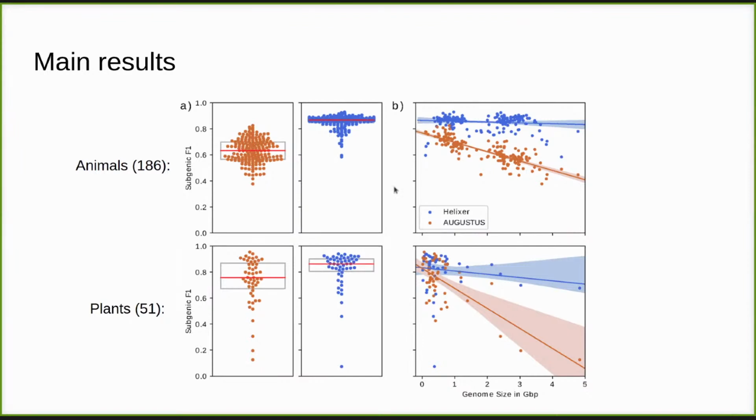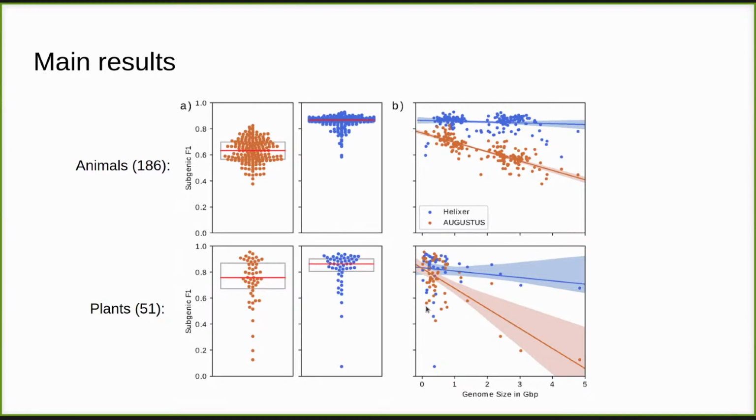And then on the right, you can see that the tool we built so far is also much less prone to fall off when the genomes are larger. So Augustus really does this, and it's a well-known problem with gene annotators. When the genomes are larger, the predictions get worse.